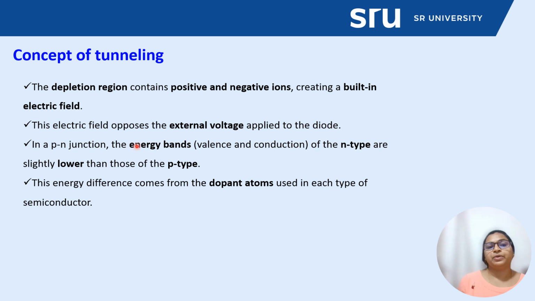Another important thing to remember is that the valence and conduction band energy levels in n-type semiconductor are slightly lower than the valence and conduction band energy levels in p-type semiconductor.